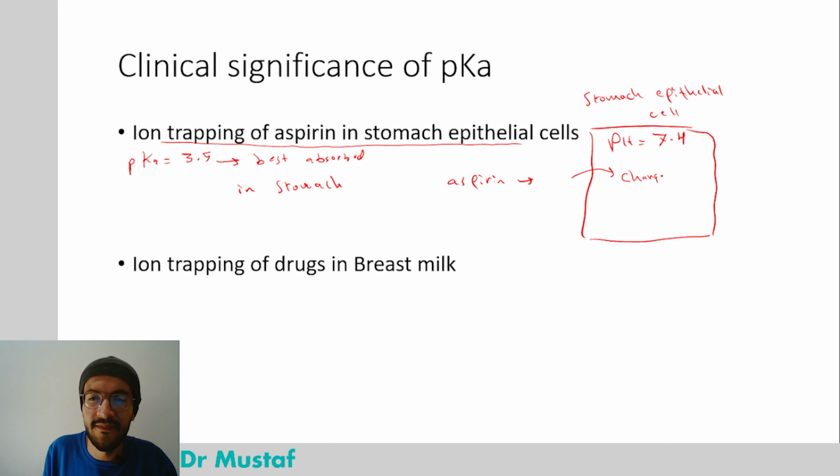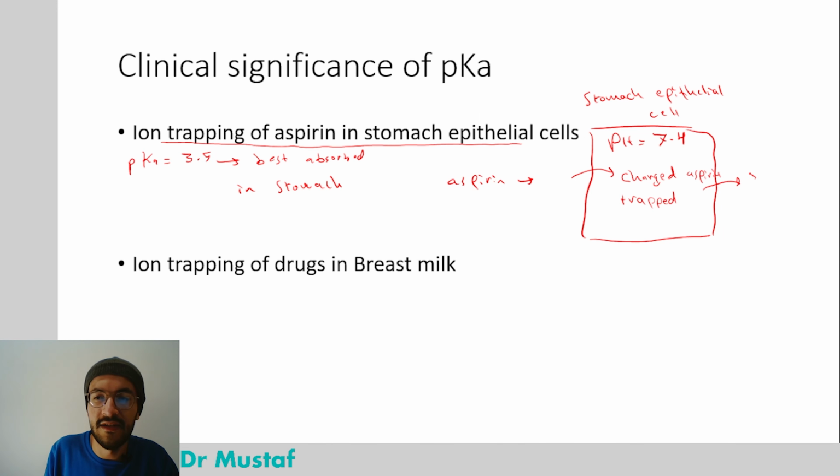So the aspirin would become trapped because it is charged, and the charged drug can't cross the barrier until there are chemical processes helping the drug become neutral, and it would diffuse slowly into the systemic circulation.